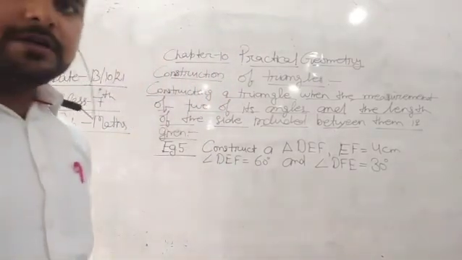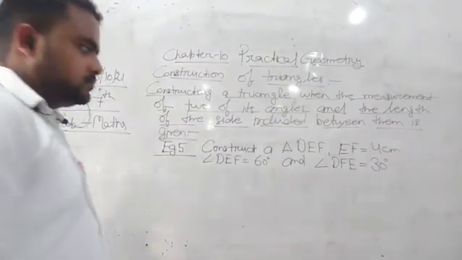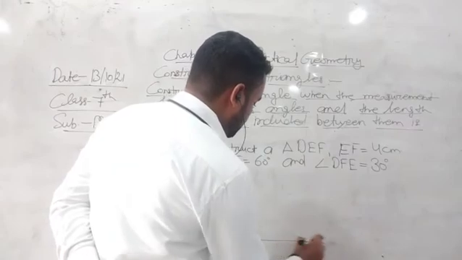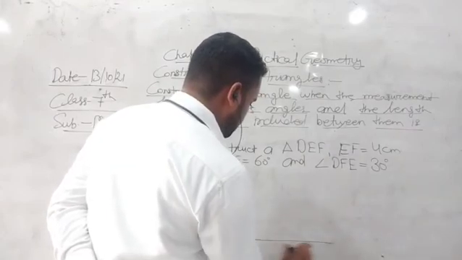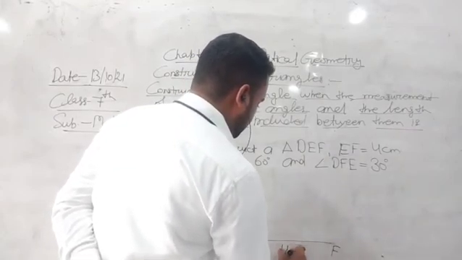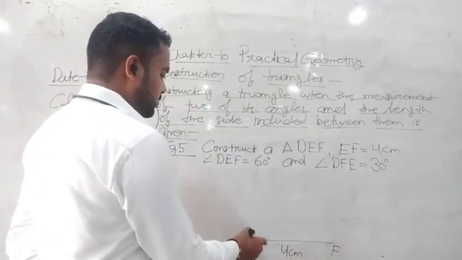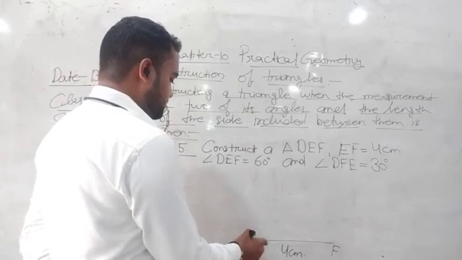Now we will do it again. First we have to draw a line segment here of 4 centimeter and from point E we have to draw an angle of 60 degree.